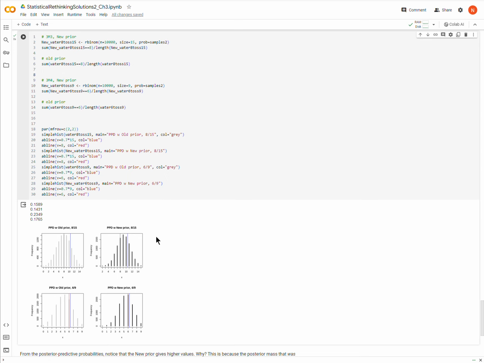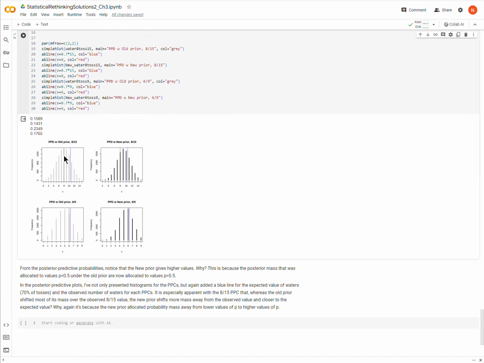Finally, I have the posterior predictive distributions for 8 and 15 and 6 and 9. There are a few things to notice. Over on the left-hand column, these are the posterior predictive distributions for the old priors, and the blue line represents what is to be expected to have been observed, given that the problem tells us that the actual value of p is 0.7.